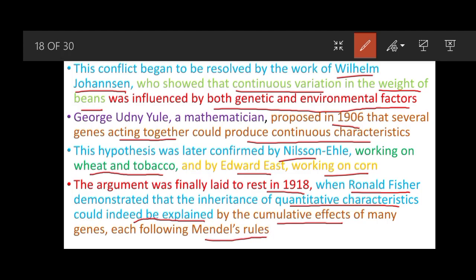So when studying quantitative traits, the cumulative effect of all those genes causes the variation, but each gene individually follows Mendel's rules. Mendel's rules of heredity are applicable to quantitative traits also when genes are considered separately.